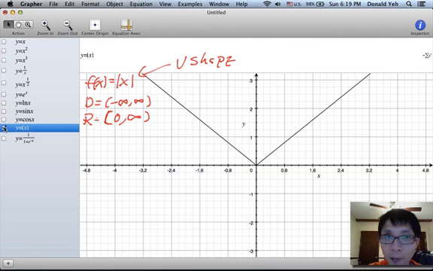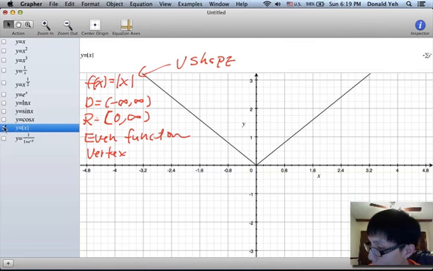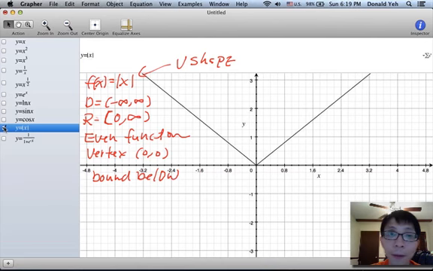Is this an even or odd function? This is actually an even function, because you look at the reflection on the y-axis. And where's the vertex? Vertex at 0, 0. And there's a bound below. That's all you need to know for absolute value of x.